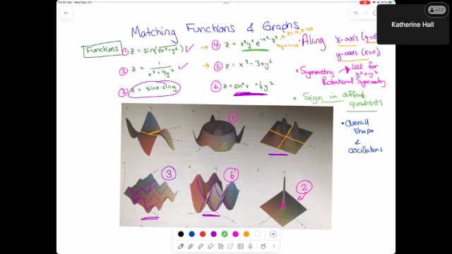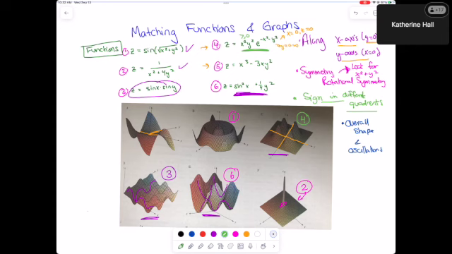So this function should always be greater than or equal to 0. And so it can't be A, because A has both positive and negativeness. And so we end up with it being C. So it does have the right stuff along the axes, and it also has the right positiveness.